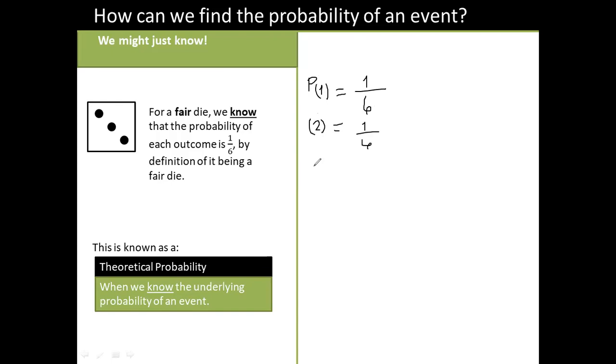You have 3, 4, 5, 6 dots, still the same probability, 1 over 6. So we know already the possible outcomes. The chance is we can get 1 out of the 6 possible outcomes.